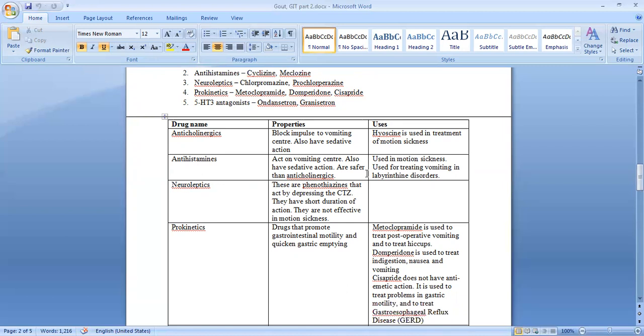Labyrinthine disorders are disorders related to the distribution of the fluid in the ear. So you know that the movement of that fluid or the position of that fluid inside the ear also plays a role in balance and in the coordination of the body when it moves.